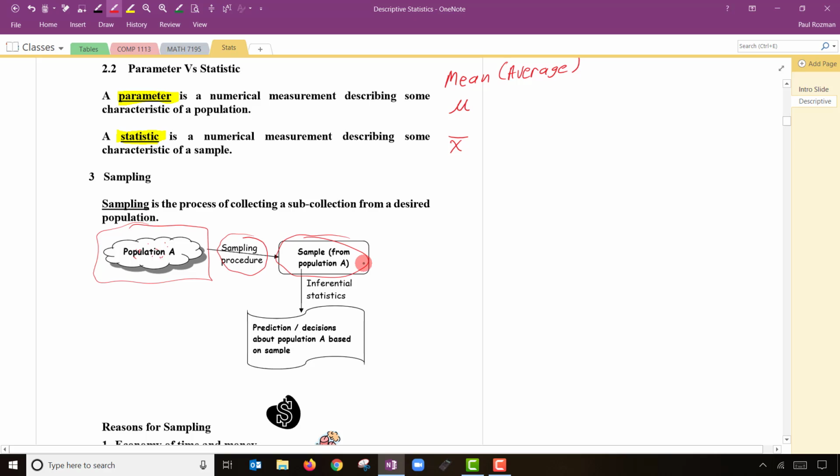Then once you have your sample, you can do descriptive statistics, like summaries and plots. And then you can do another branch of statistics, which is inferential statistics, where you actually come up with predictions or decisions, and you weight these predictions and decisions using probability.